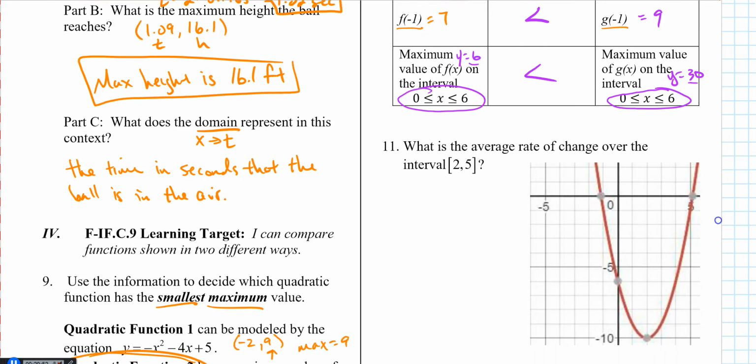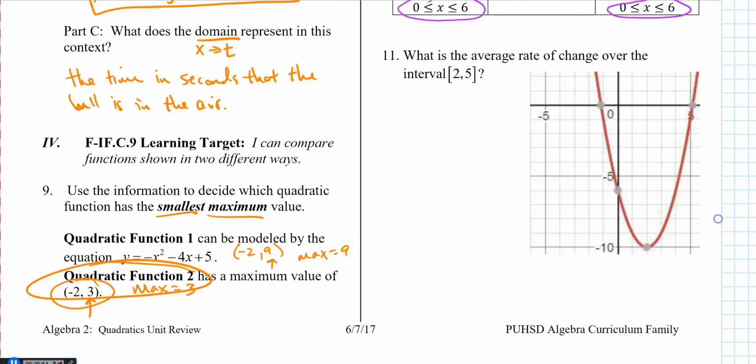Number 11, what is the average rate of change over the interval 2 to 5? So the interval, those are x values. Rate of change, that's slope. This is old stuff. How do we find slope? It's y2 minus y1 over x2 minus x1. So it's the interval 2 to 5, so I'm looking from the x value of 2 until the x value of 5.